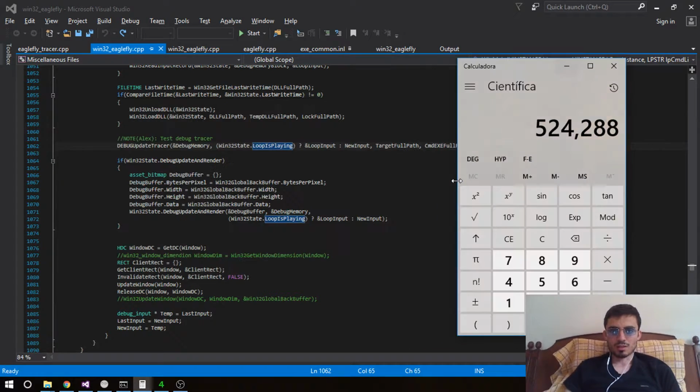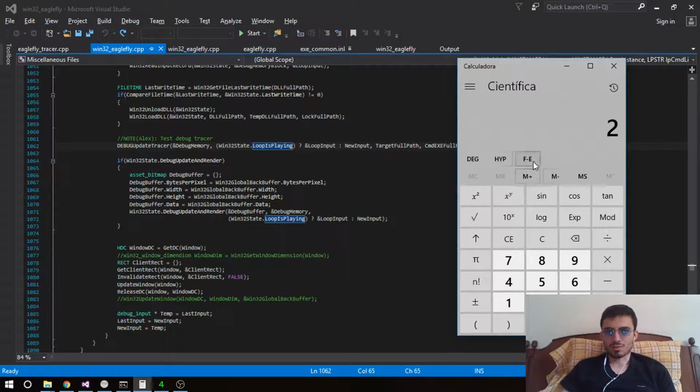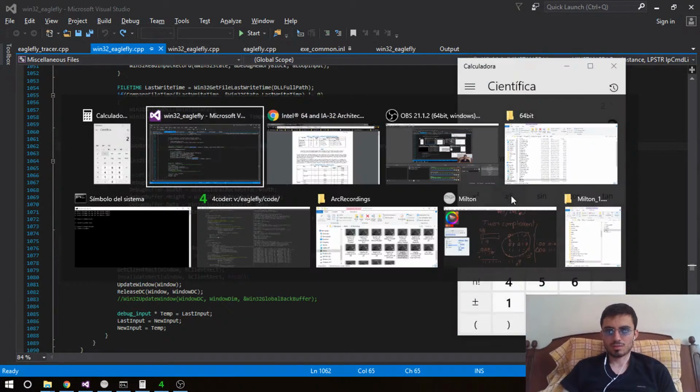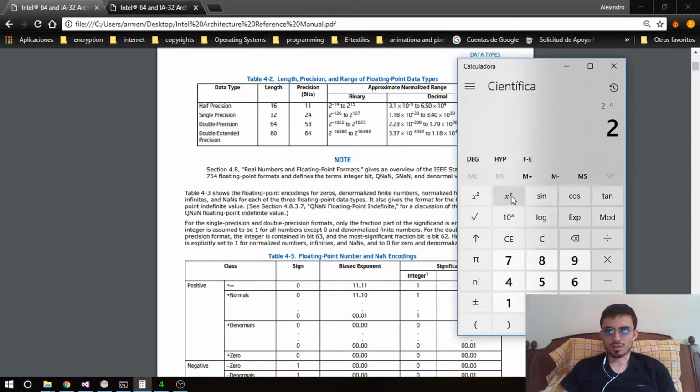If we go to the calculator and say 2 to the 15, okay, so we get two different kinds of ranges depending on whether they are binary or decimal.